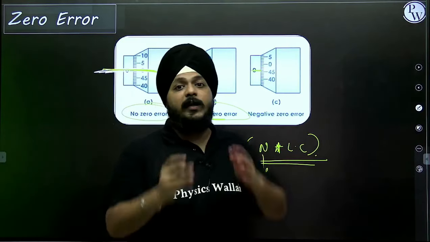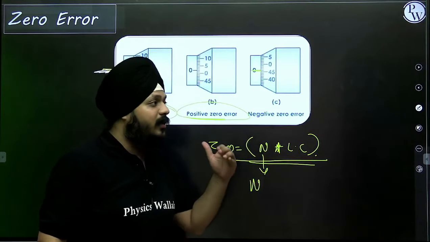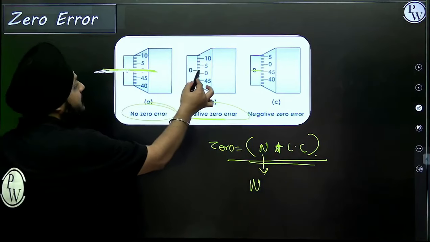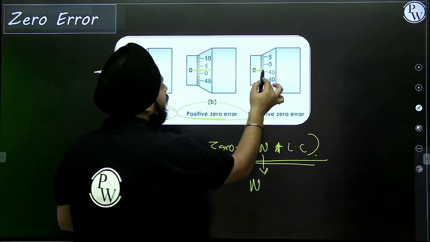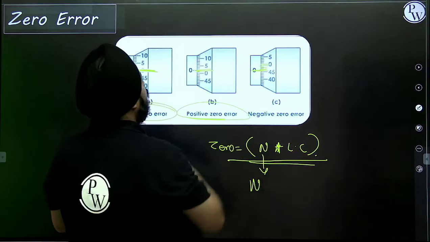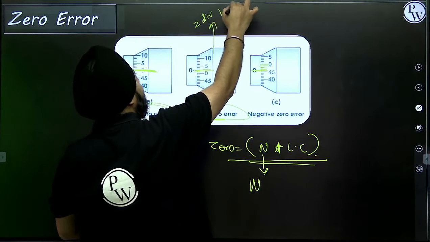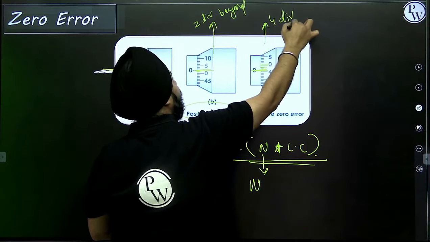In Vernier Calliper, it was the nth division coinciding. Here, n is the number of divisions whether zero is above or beyond the reference line. Here in this case, this is 1, 2: 2 divisions beyond the reference line. Here, 1, 2, 3, 4: 4 divisions above the reference line.